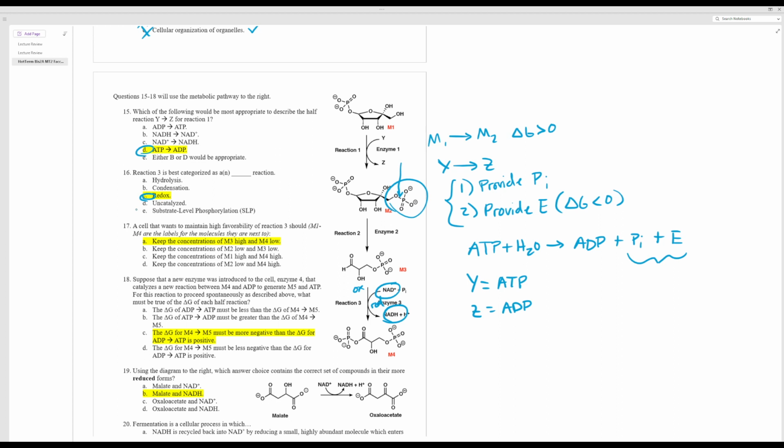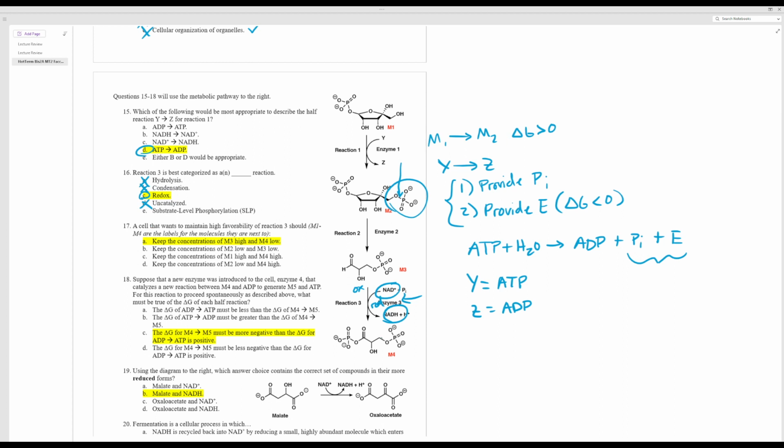Okay, so our answer is redox. It's not hydrolysis. We're not breaking apart any phosphoanhydride bonds. It's not a condensation because we're not making any phosphoanhydride bonds. We're just sticking a phosphate group on. Answer choice D says uncatalyzed. The enzyme's right there. So it is catalyzed.